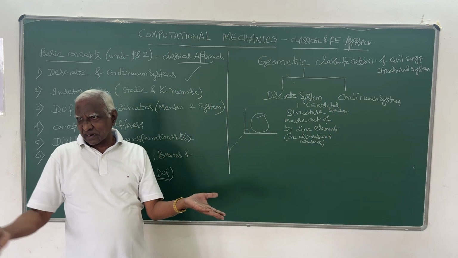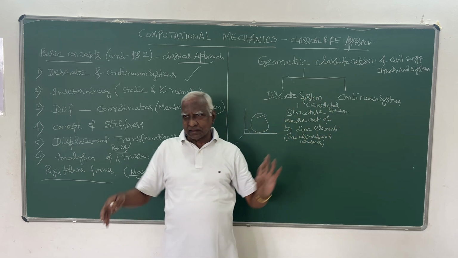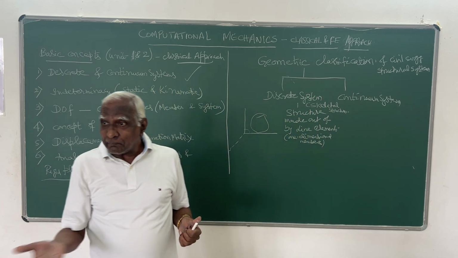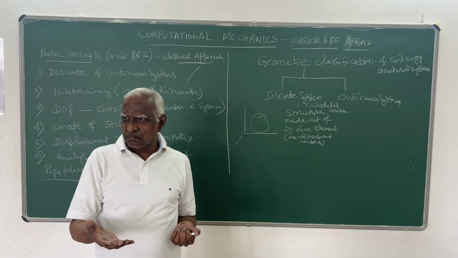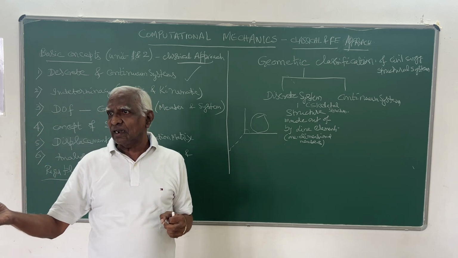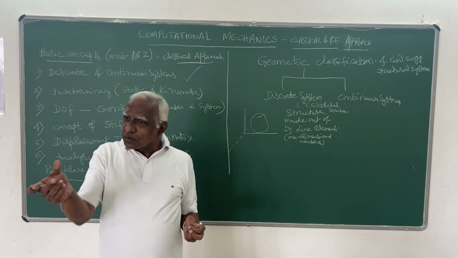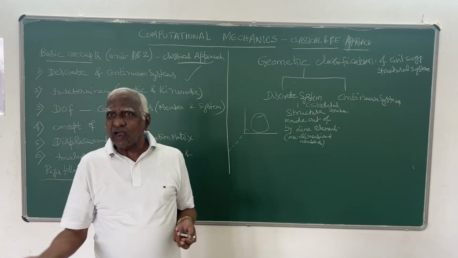And other structures, which are other than line. Other than line means they may be made out of area elements or solid elements, three-dimensional solid members. Area elements means two-dimensional area elements.